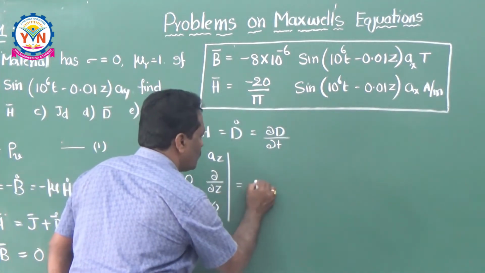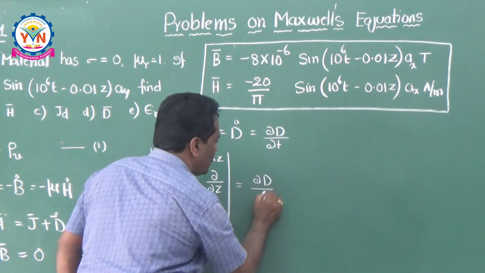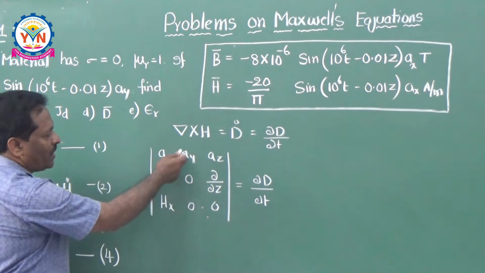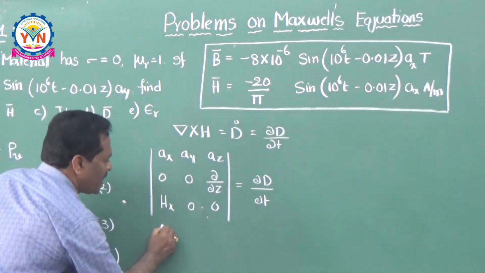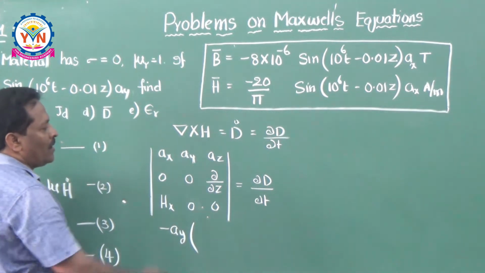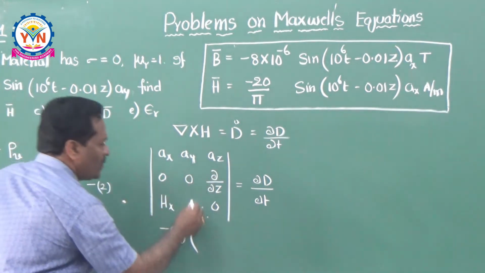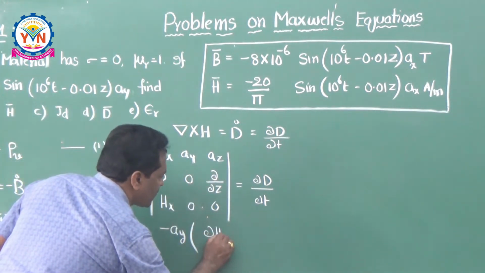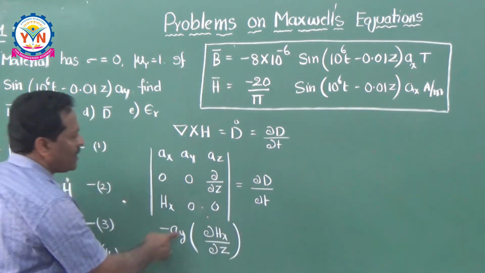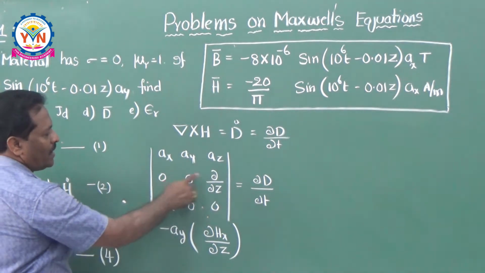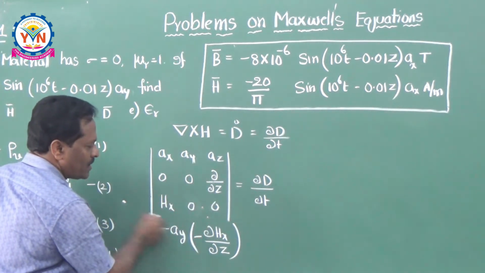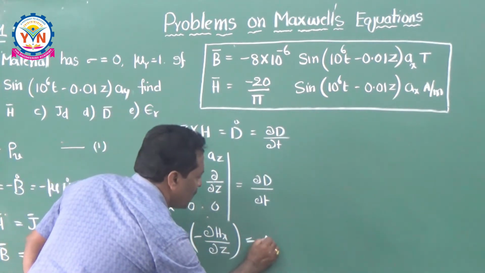Then expand this, that is equal to dou d by dou t. So how to expand here? You have to expand only ay. So ay means minus ay into dou hx by dou z. It is also minus. Why? Because a, b, c, d, AD minus BC, it is minus, is equal to dou d by dou t.